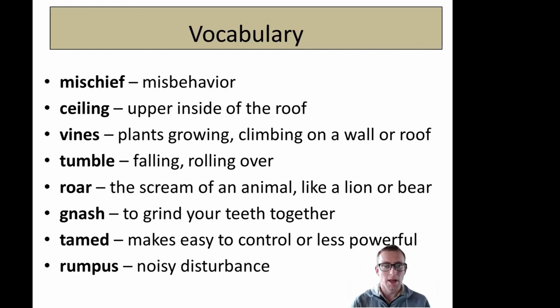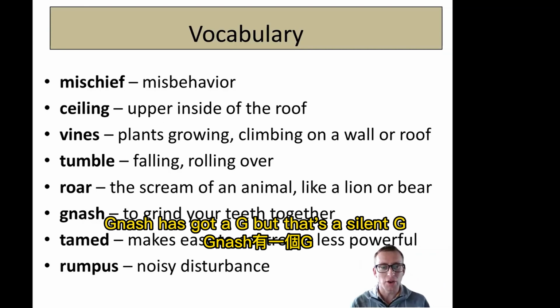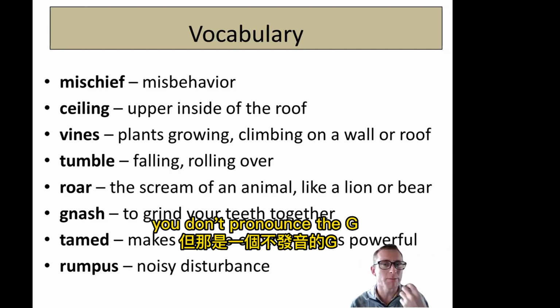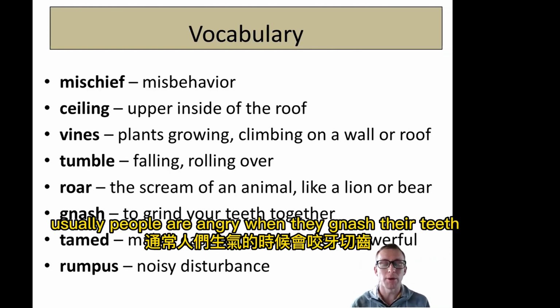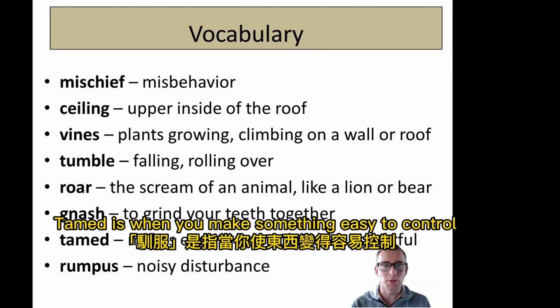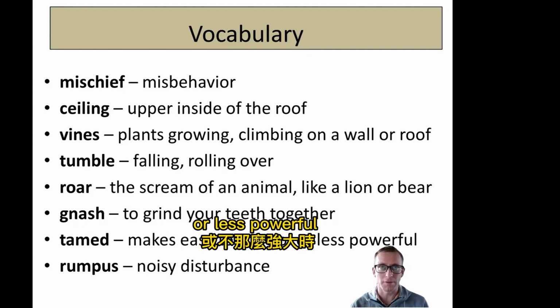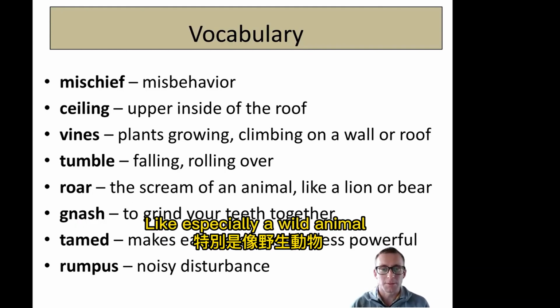Gnash. Gnash has got a G, but that's a silent G. You don't pronounce the G. That is gnash. And that is when you grind your teeth together. Usually people are angry when they gnash their teeth. Tamed is when you make something easy to control or less powerful, especially a wild animal.